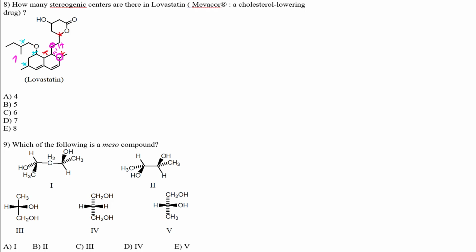Well, I'd rather have the carbon with one hydrogen. If you can't see the hydrogen, it has 1, 2, 3 bonds, so we want a hydrogen right there. I'd rather have the carbon with a hydrogen compared to a carbon with 2 hydrogens. So it's going to be 2 and 3, and that's going to be 4. So as you can see, that's a stereocenter as well.